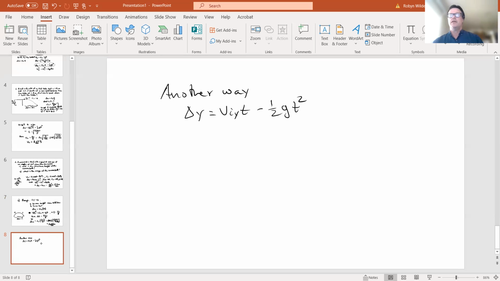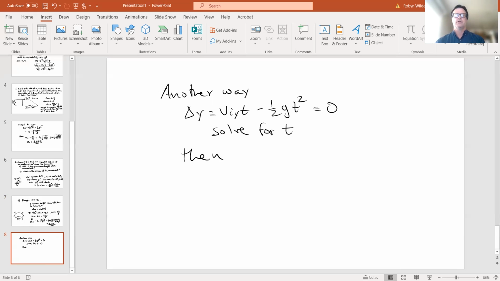Since delta y equals 0, this is equal to 0, and you can solve for t. This will give you not the time just to go to the maximum height, but the total time that it takes to cover the whole distance and get back to its initial height where delta y is 0.